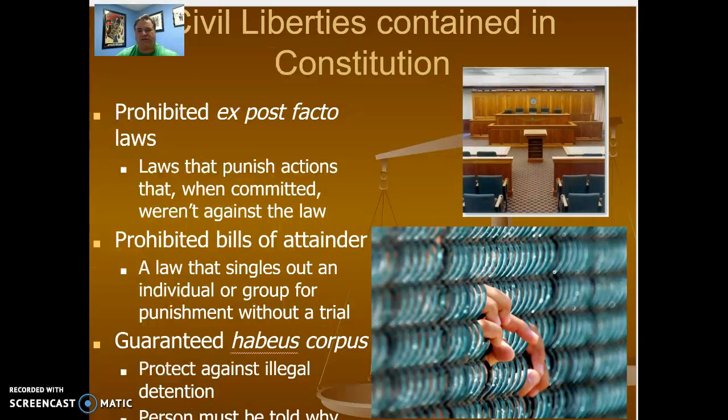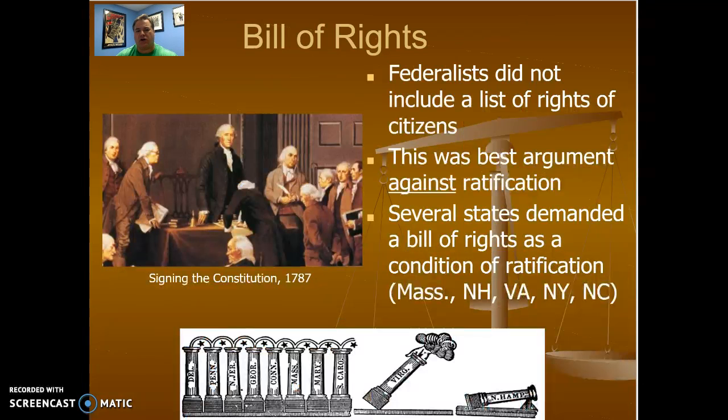And a number of states were concerned that there wasn't a list of the rights of the citizens against their government, to protect the citizens from their government. Other founders argued, hey, we don't really need that. The government's not going to take advantage of people.